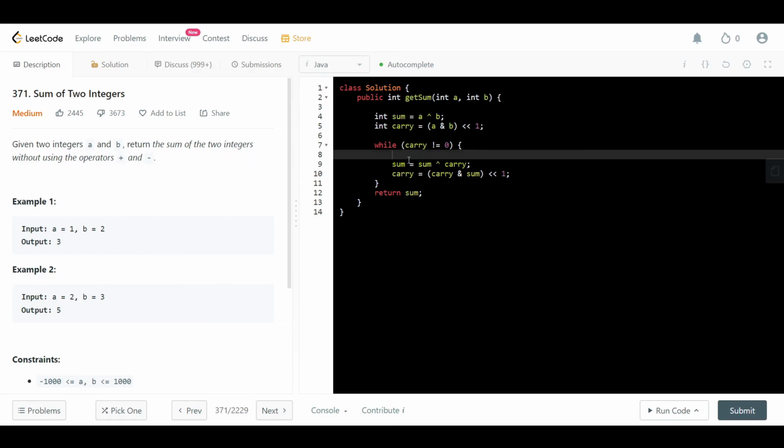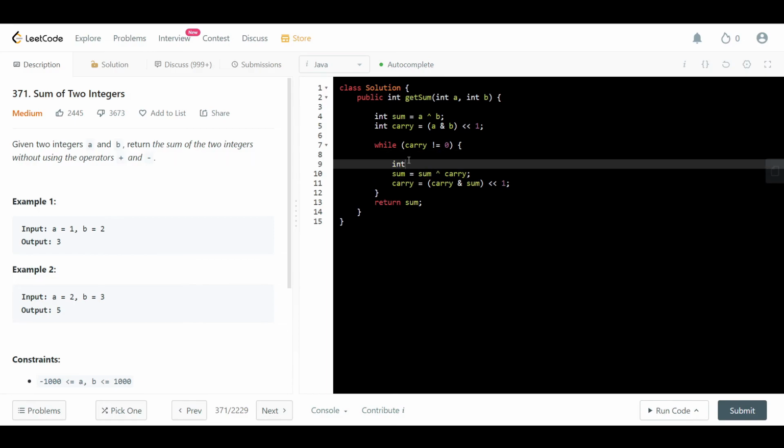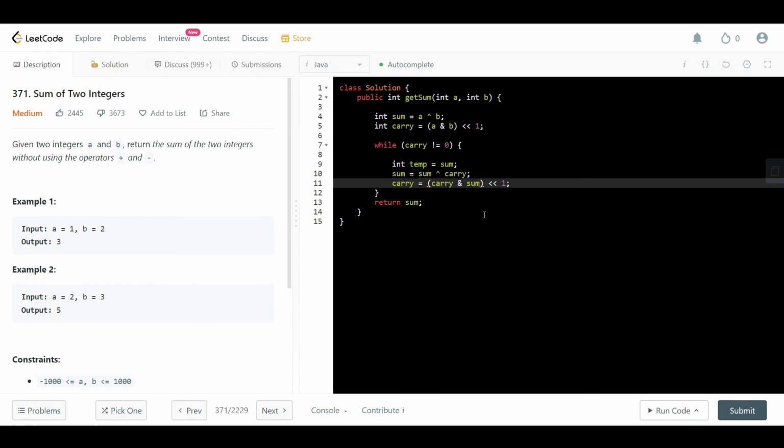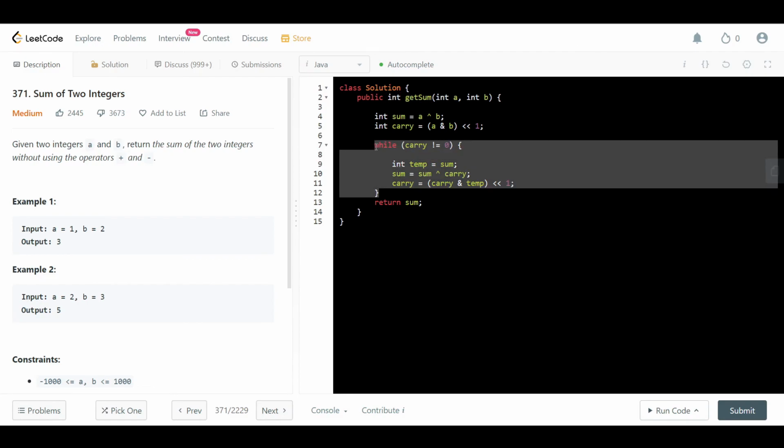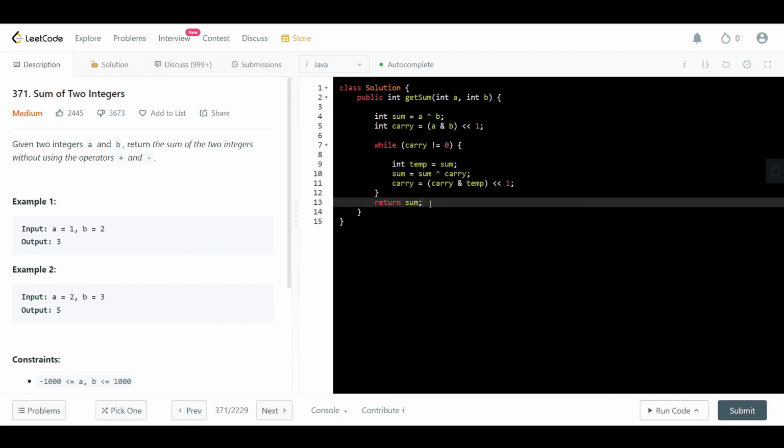So no problem, int temp, we can have a temp variable to store the sum. Then when we update the sum, we just say sum AND with temp. And that's it. We compute the sum, we compute the carry, we have a while loop to keep going until the carry hits 0 at the end. When the carry is 0, we break, we return the sum.